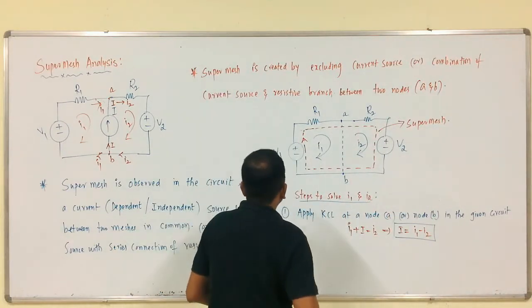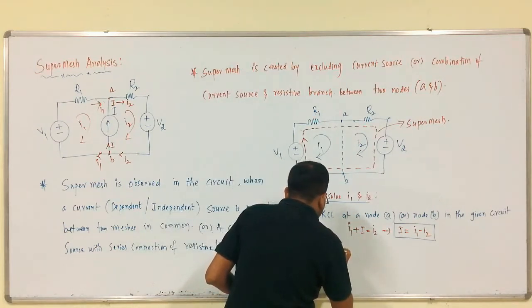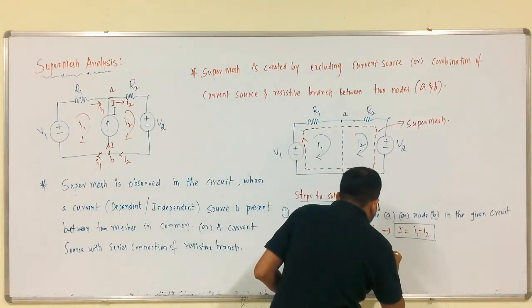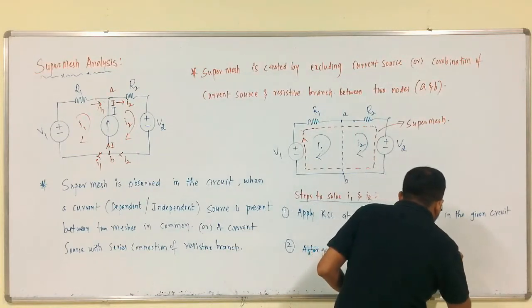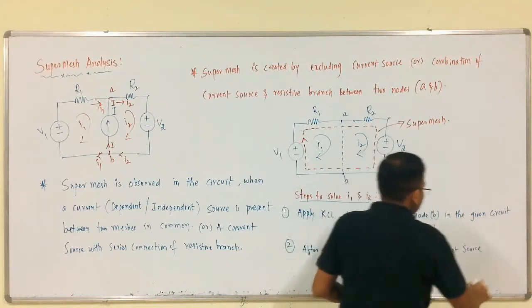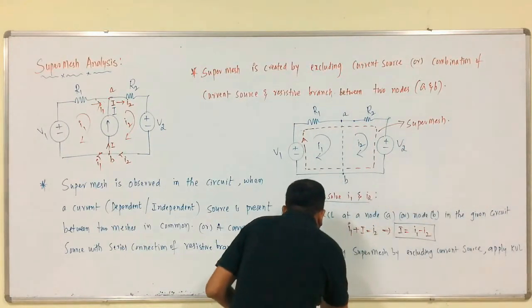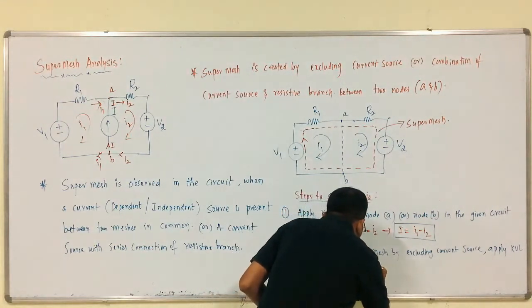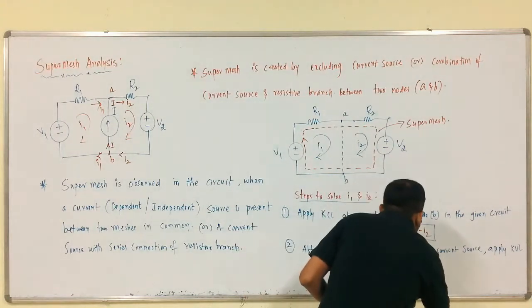Next, after getting super mesh, by excluding the current source, apply KVL and get the voltage balance equations.